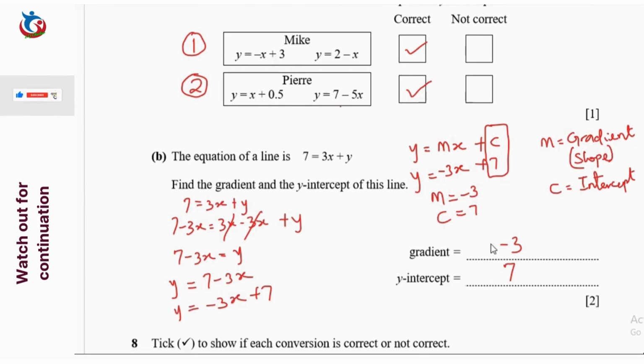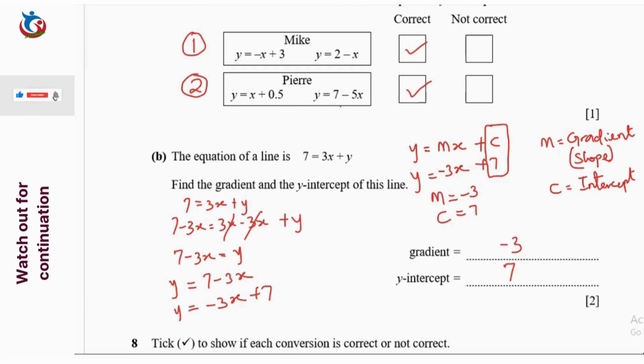And if you still don't want to use this equation to solve for the intercept, because you must use this equation to get the gradient, remember, to get your y-intercept, x must be equal to 0, and if you put it there, you will still arrive at 7. If you use this equation, which is what is required of you, you will get the intercept as 7.